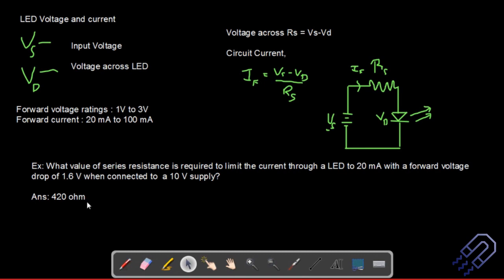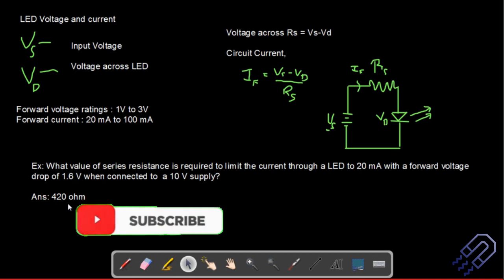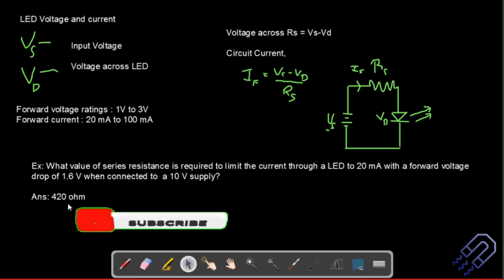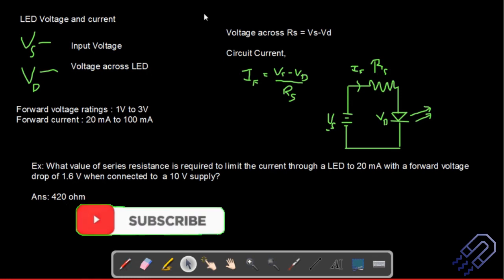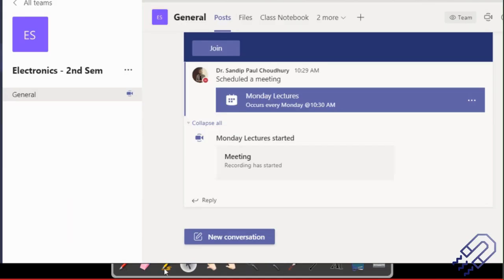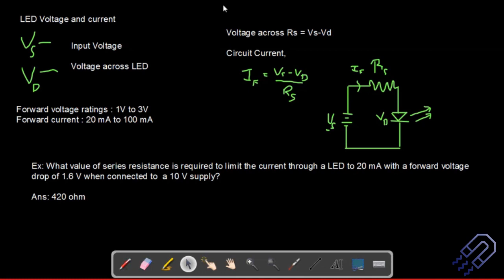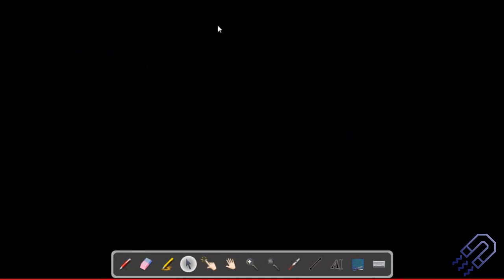If we use simple Ohm's law, we know that this much resistance is required to more or less restrict the flow of current, so that the LED is not damaged. Many devices do use resistances in the range of kilo ohms also. So typically, in order to safeguard an LED, the typical range of resistance that we should use is in the range of kilo ohms. So that is very important.